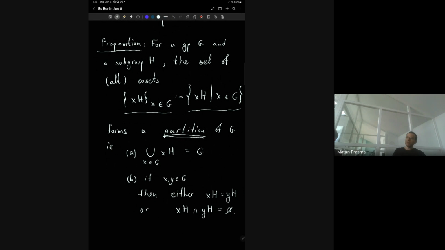And so a partition in words is a collection of subsets of the ambient set that covers the ambient set, so that the union of all the subsets is the big set, and every two sets in this collection are either equal or disjoint.